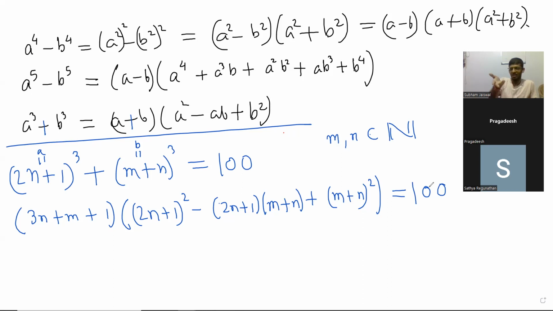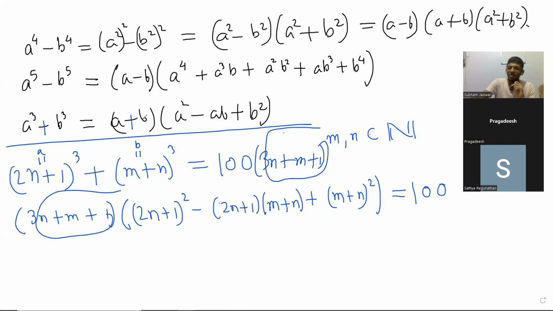If you had 3n plus m plus 1, then it would have been very good, right? Then you can take this common, but those things are not there in this problem. So you have to think. So this is again a homework.